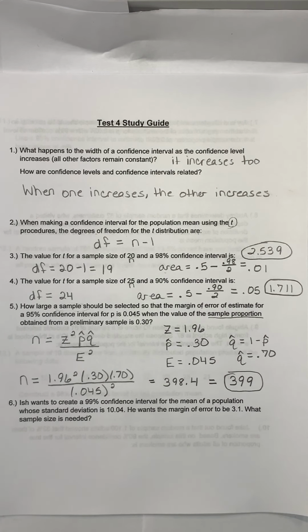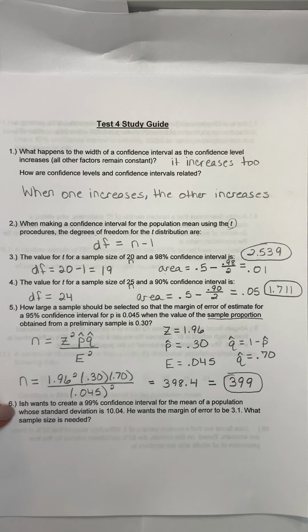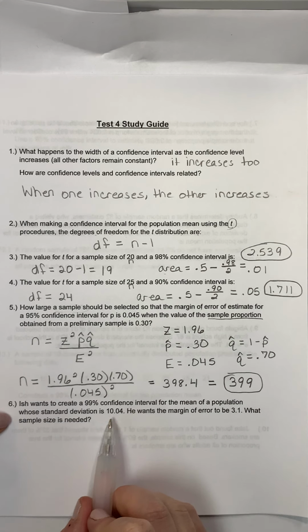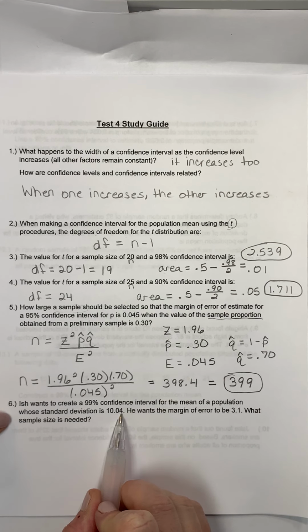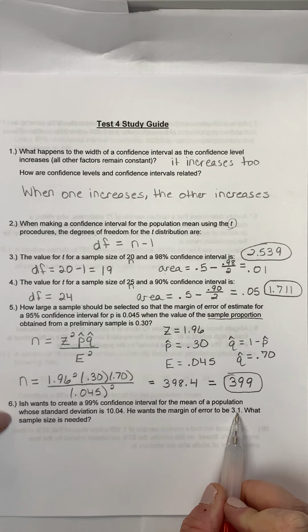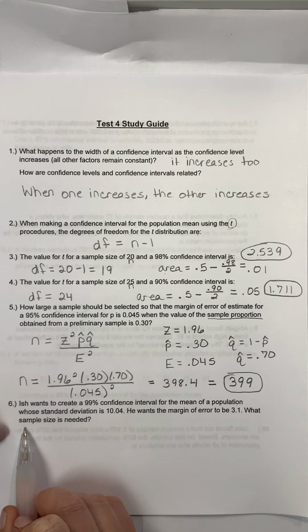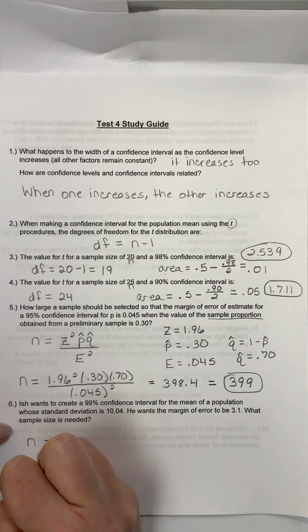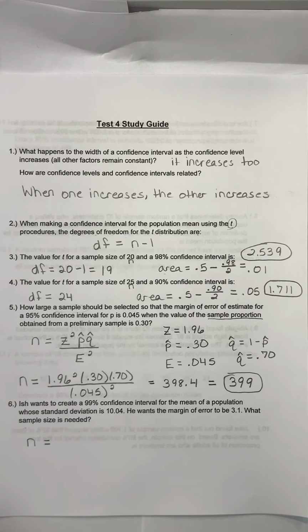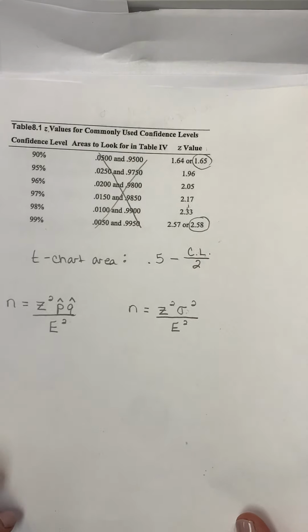All right, number 6. Ish wants to create a 99% confidence interval for the mean of a population whose standard deviation is this. He wants the margin of error to be this. What sample size is needed? So again, we are back to our two choices on sample size.